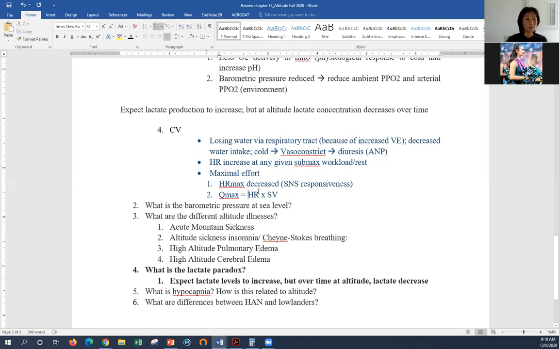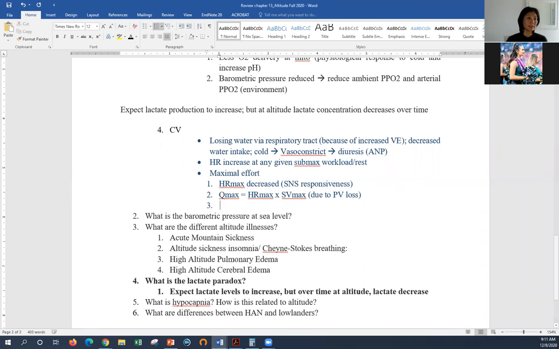And at the same time, if our max heart rate is reduced and our maximum stroke volume is reduced due to the plasma volume loss, the overall result is a decreased maximum cardiac output. At the same time, we also have a decreased AVO2 difference.